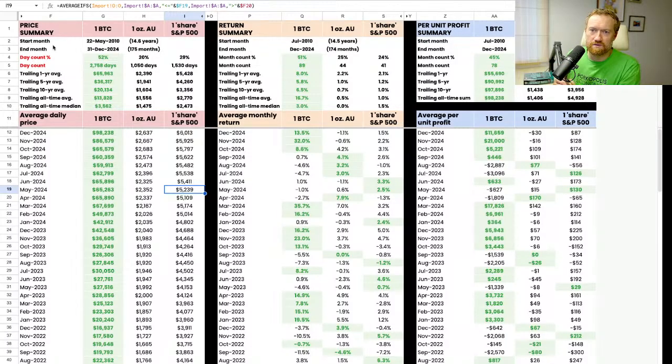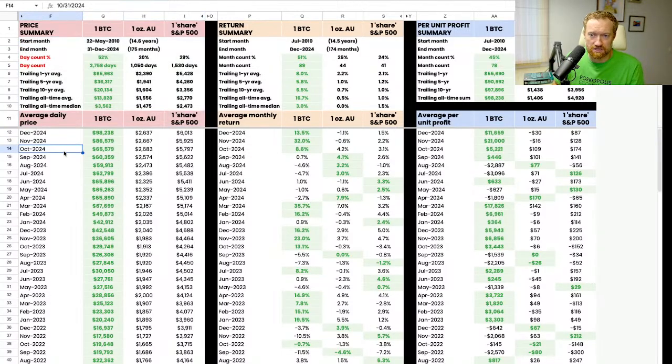okay, so we have the price summary, all right? And the top little section here that I'm highlighting is going to give you all the statistics that are most interesting for the data.